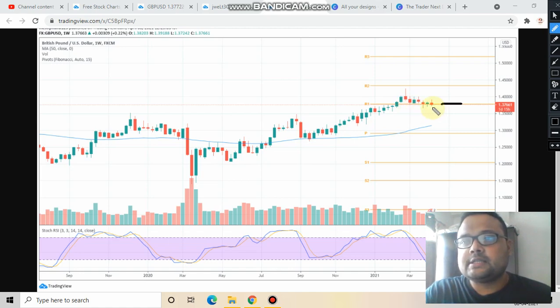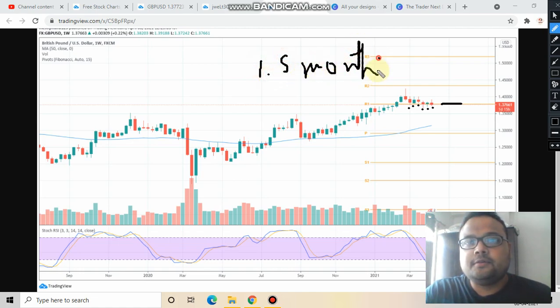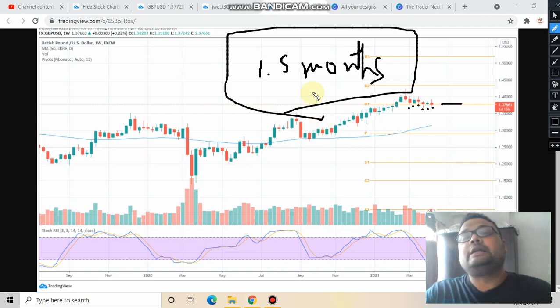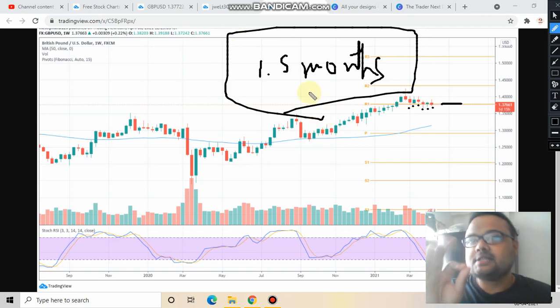If you consider these candles, 1, 2, 3, 4, 5, 6 candles, which means 1.5 months, this support is a valid support, very crucial support for the market, because this is the support that has been providing support to the market for the last 1.5 months.